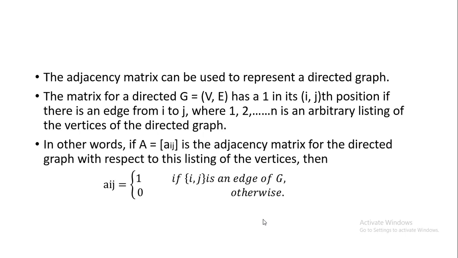In other words, Aij is 1 if there is an edge present from i to j, and if there is no edge present, the value will be 0.